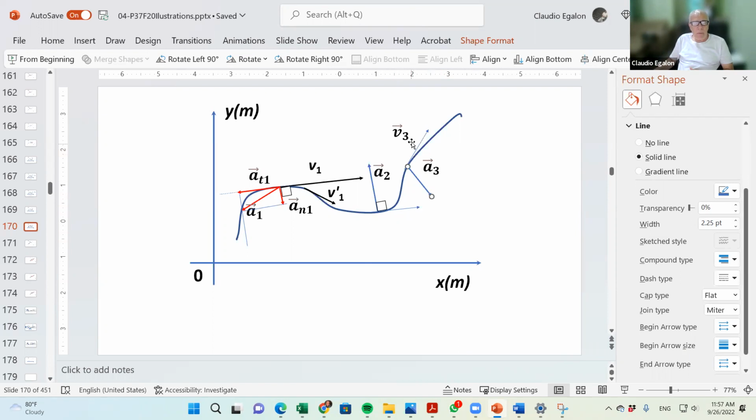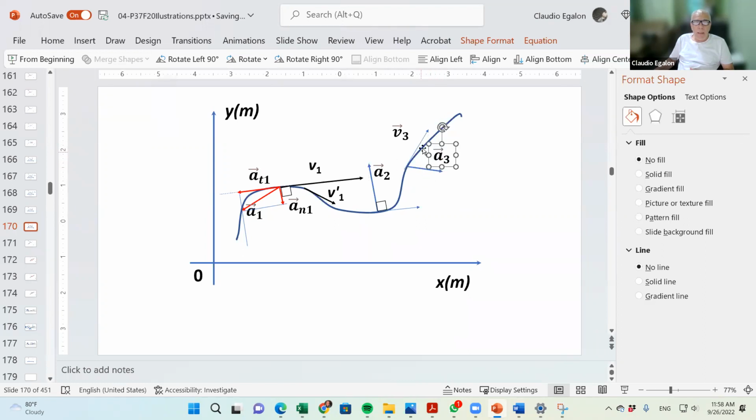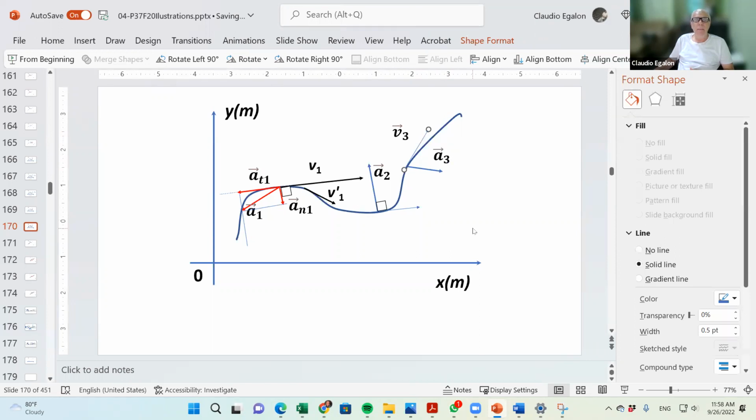Here we have a situation similar to this one. The acceleration vector has a tangential component that goes against the velocity vector. It means that this velocity a little bit later is going to shrink. But if this acceleration vector were in this direction here, a little bit later on, this v3 velocity vector would increase, because it has a component in the same direction as the velocity.